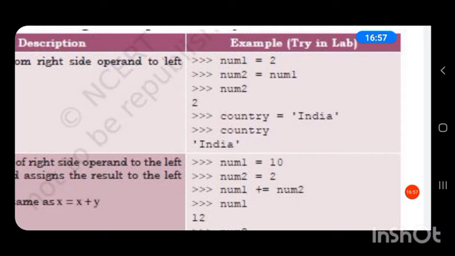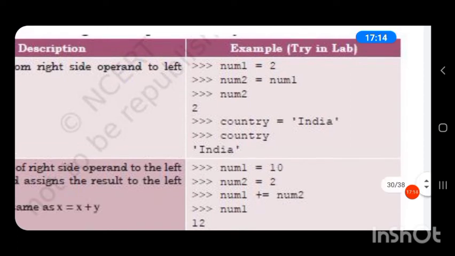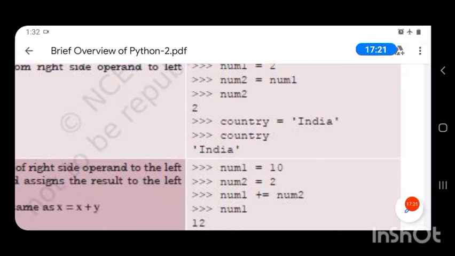The value on the right side is num1. The assignment operator assigns the value in num1 to the variable num2. So num2 will have the value num1 has, that is 2.